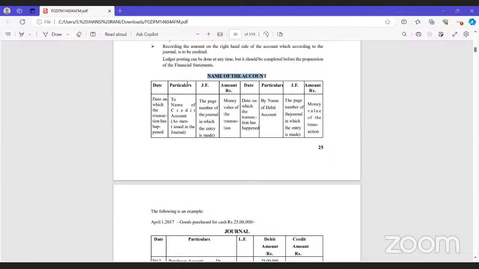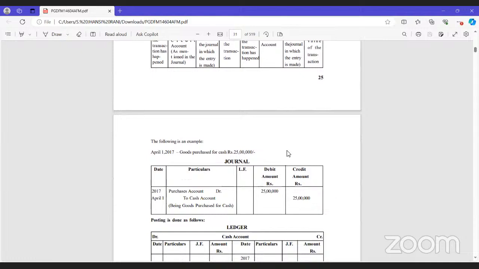And next we have date, particulars, JF number, amount in rupees, and again date, particulars, JF number, amount in rupees. This side is credit and this side is debit. This is called the credit side and this is called the debit side. This is the format of ledger accounts.